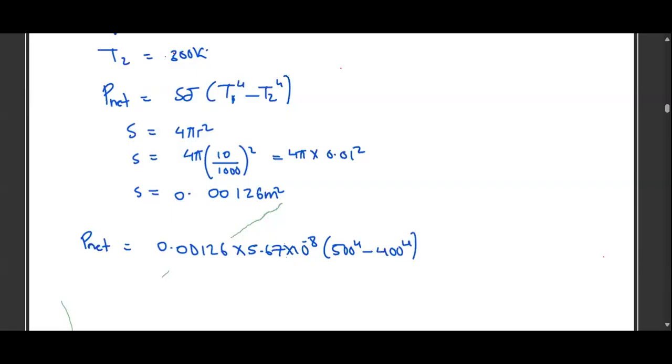So we have 500 power 4, then minus 300 power 4, times 5.67 times 10 power negative 8, times our surface area.